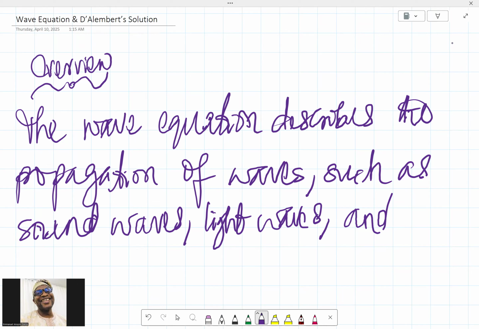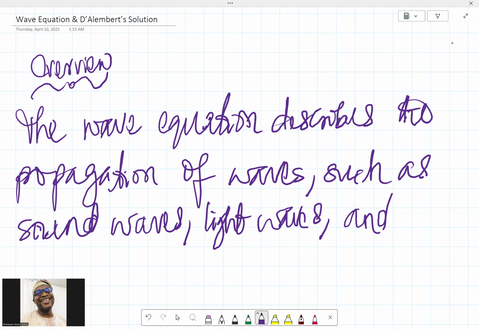So you have waves traveling in opposite directions. That's the general solution to the wave equation.